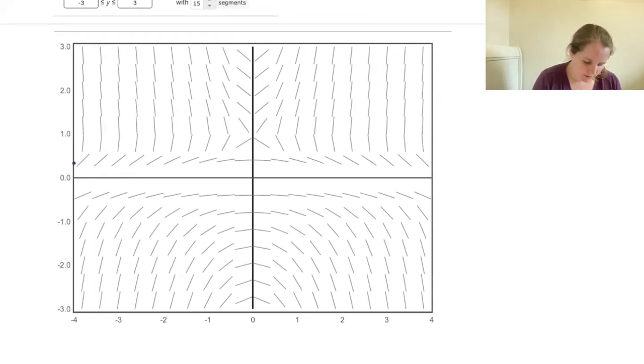If we start here, it looks like we fairly quickly get steep. And then if anything, we seem to kind of turn back around. Okay, so we might get things that are not functions from a direction field. If I start here, again, it looks like I turn back around.